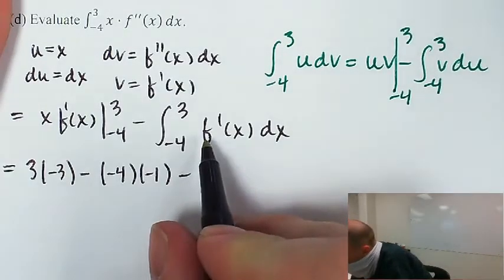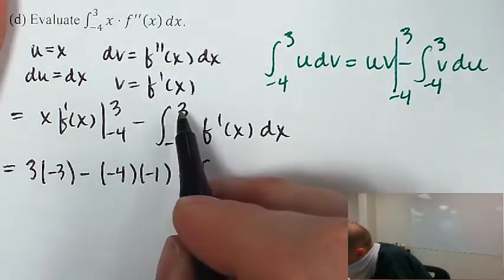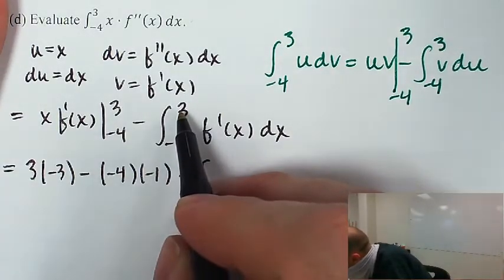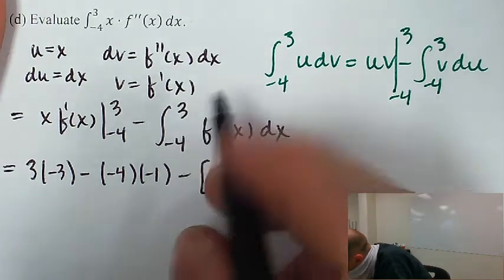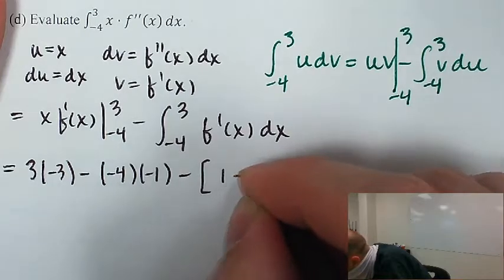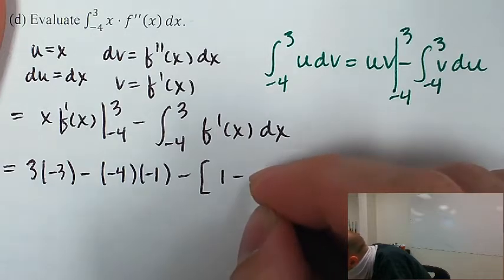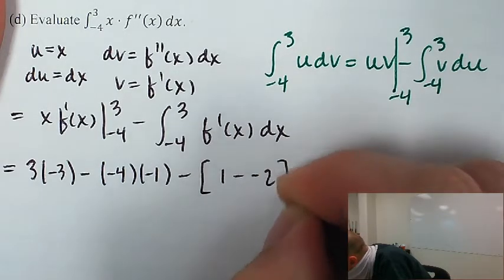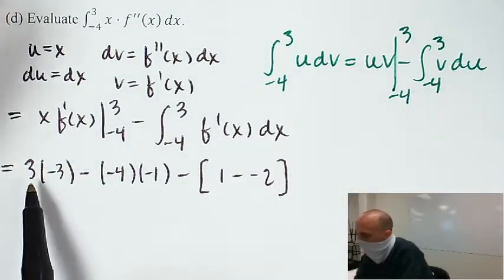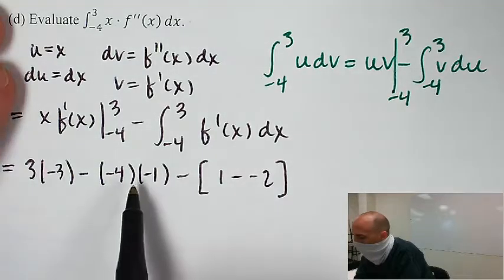Okay, this integral is the difference in f from -4 to 3. So at x equals -4, the height of the function is 1, even though it doesn't really look like it. And at x equals +3, it's looking like -2. Let's see here. This is -9 plus 4.